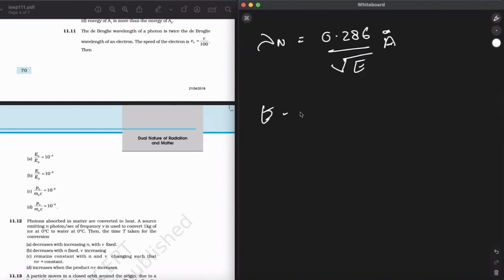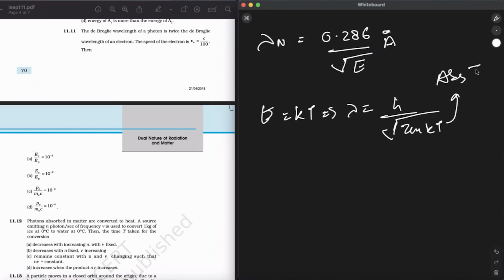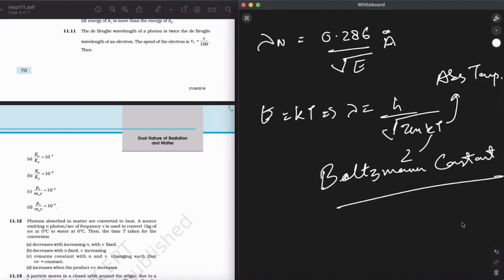Energy is equal to 3/2 KT, where T is the absolute temperature and K is the Boltzmann constant. I hope you know this.